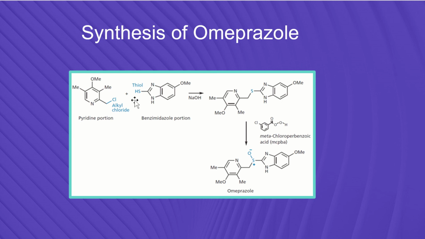Essentially the base would abstract the proton, and then this sulfur would be nucleophilic, attacking the electrophilic carbon here and pushing out the chloride ion, and we have a new bond between our sulfur and our carbon here. After that, meta-chloroperbenzoic acid would basically oxidize the sulfur to form omeprazole. So a fairly simple, straightforward synthesis of omeprazole.